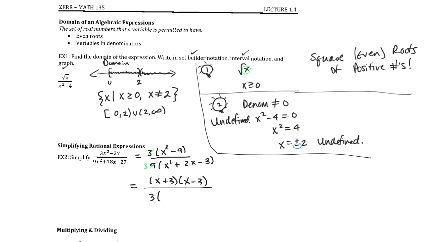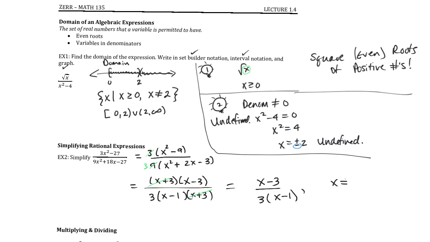My numbers simplified down, so I just have a 3 in the denominator, and then x squared plus 2x minus 3 factors as x plus 3 times x minus 1. Our x plus 3's can cancel, so I'm left with x minus 3 all over 3 times x minus 1.